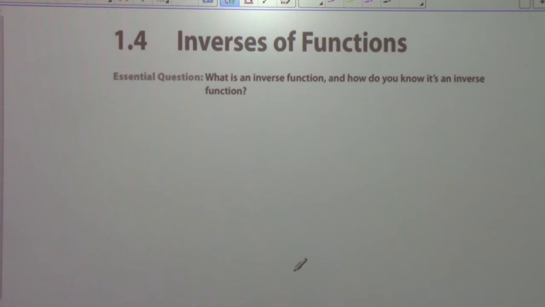X and Y switch places. Okay, Jaden said X and Y switch places, and that's the one I want to focus on right now, because that's going to move us to the next thing we're looking at. Everything else Gabby was saying is related to that as well.